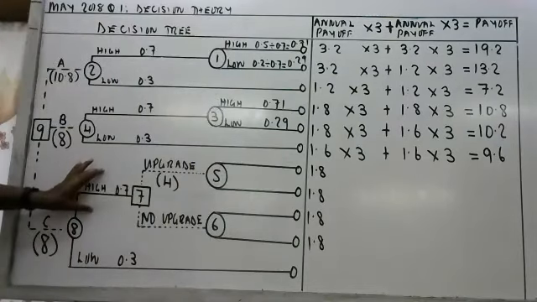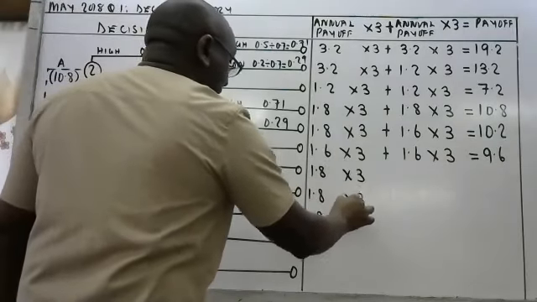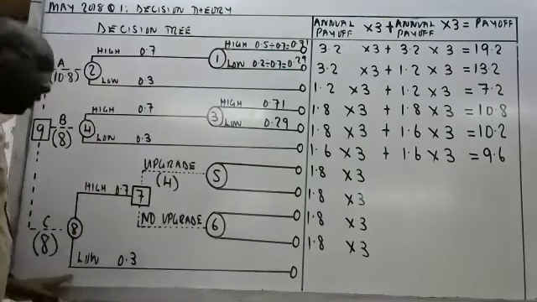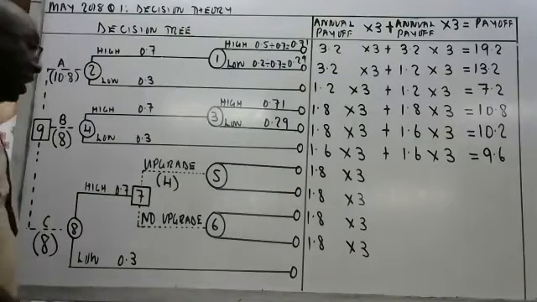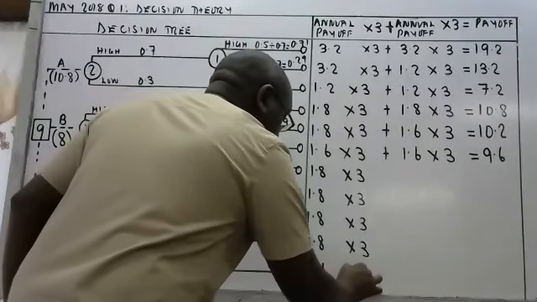Remember, here is high for B. The first 3 years before we upgrade. Then this one is when B is low. When B is low, the first 3 years is 1.6.